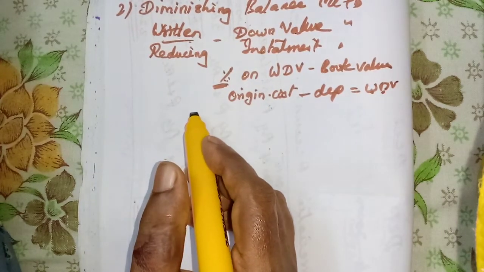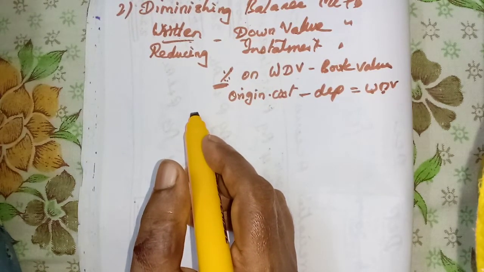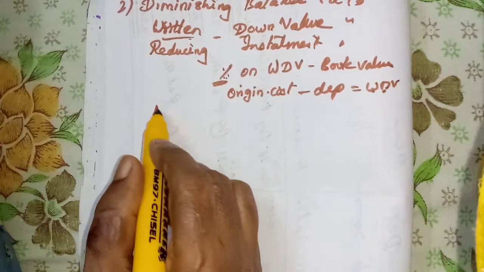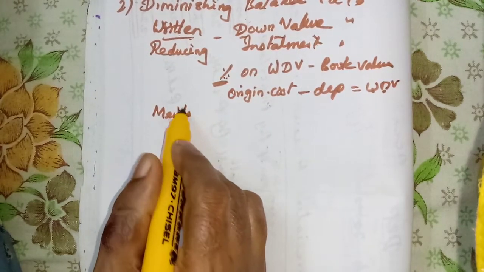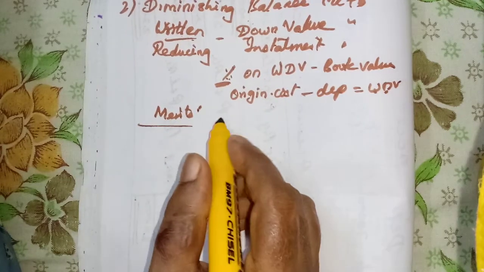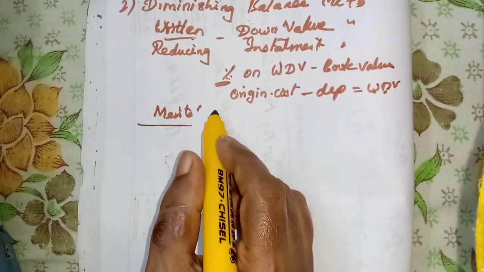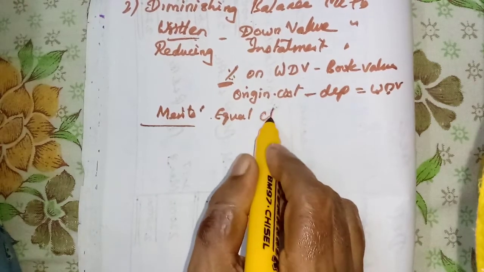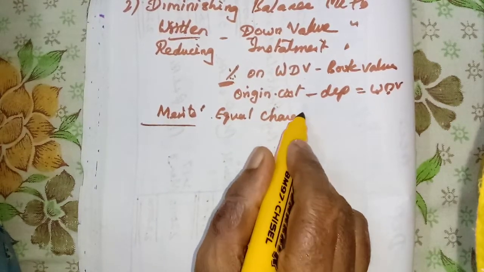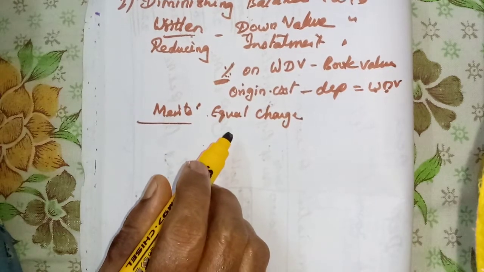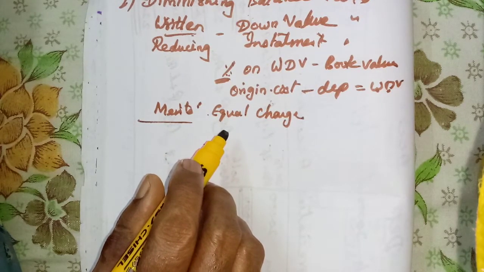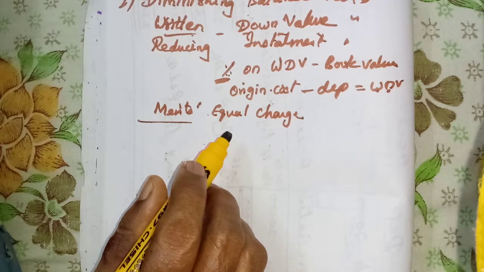And here we will learn the merits of the written down value method. What are the merits? Here it will have an equal charge because in the beginning of the life of the asset, it will not get more maintenance cost, but in the beginning years the depreciation amount will be more.